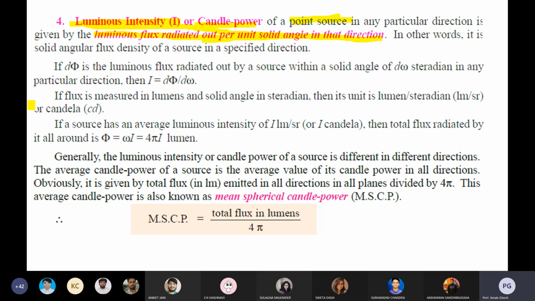In that direction, how much flux is radiated in that area. In other words, it is the solid angle flux density of the source in the specified direction.